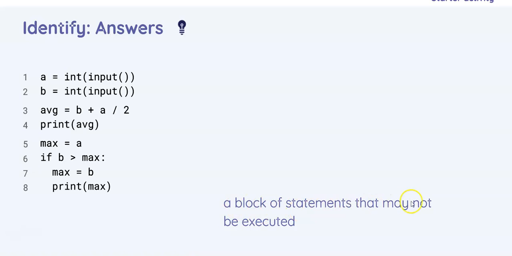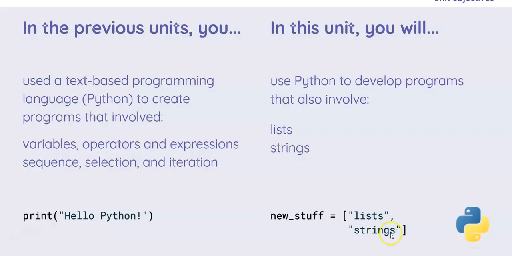And then a block of statements that may not be executed is lines 7 and 8, because this will only execute if B is greater than max. We're going to stop here in part 1 for the starting activity, and then we are going to go to the second video, which is going to deal with activity 1. Thank you.